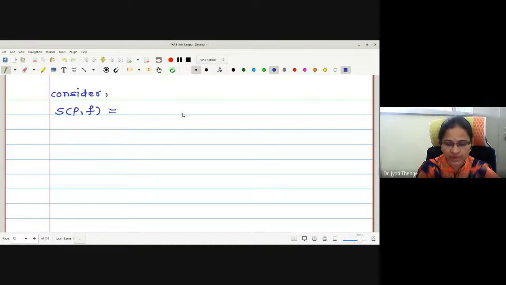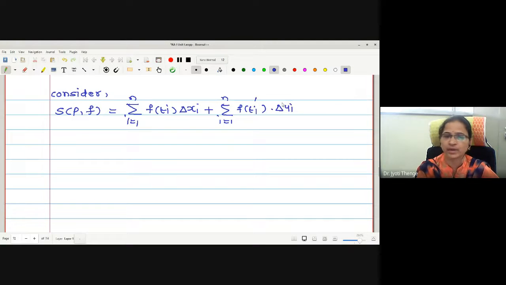Now as we have made 2 different partitions, I will write the summation accordingly. Summation i equals 1 to n f of t_i, for the first half, I will write delta x_i. Then summation i equals 1 to n f of t_i dash into delta y_i.